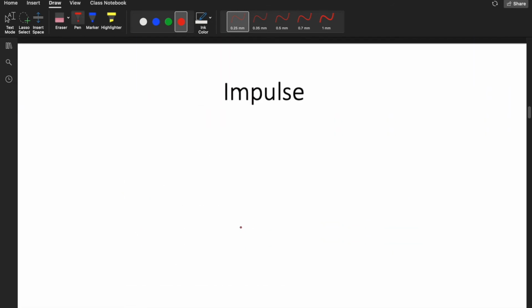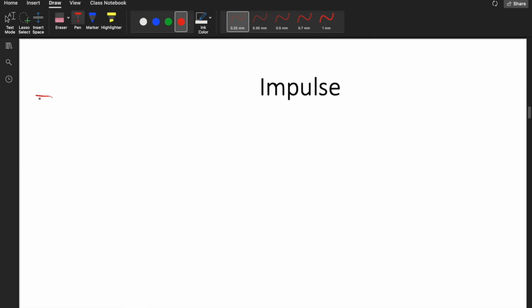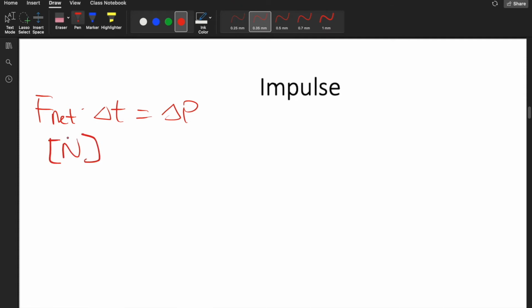So we had just talked about impulse. Impulse is F net times delta t, which is equal to change in momentum, right? We know net force has a unit of Newton, and time has a unit of second. So impulse also has a unit of Newton times second.